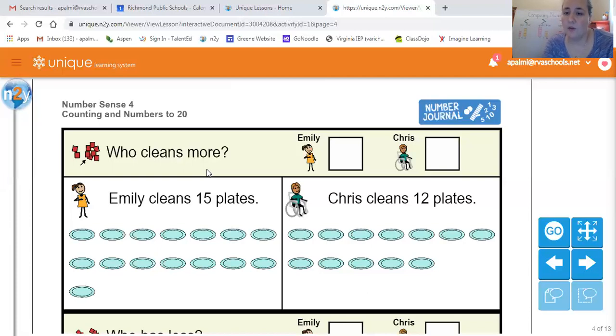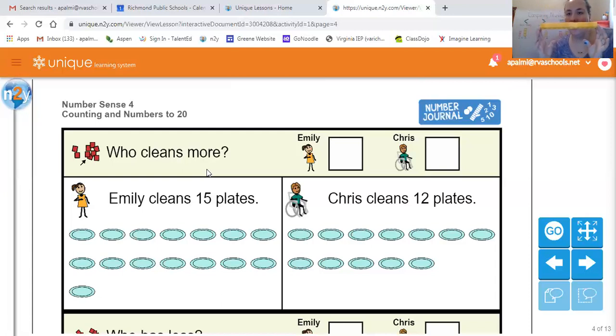Let's count his yellow blocks for 12. 1, 2, 3, 4, 5, 6, 7, 8, 9, 10, 11, and 12.